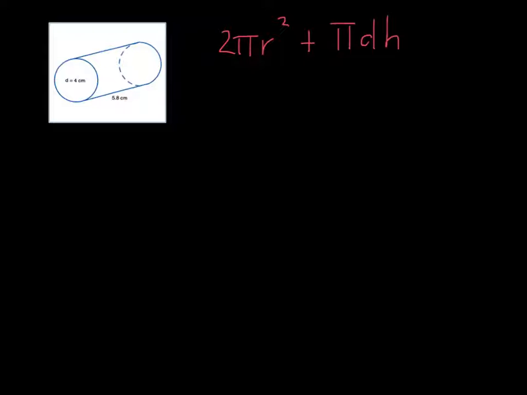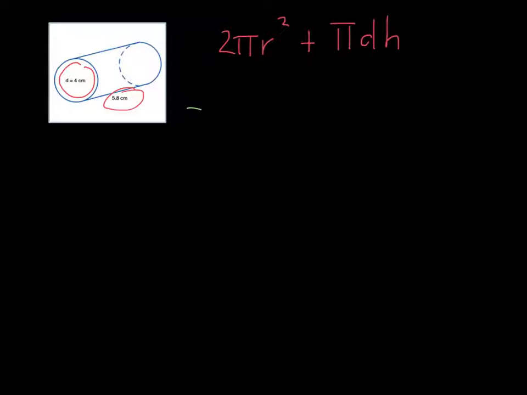For the final formula, it's a different cylinder with different values, but it doesn't matter. I'm still going to use the other formula that you could possibly use. You can see that we have the 2 pi r squared for the two circular surfaces, and then pi times diameter times height for the rectangular wrapping-around surface. Let's plug that in.